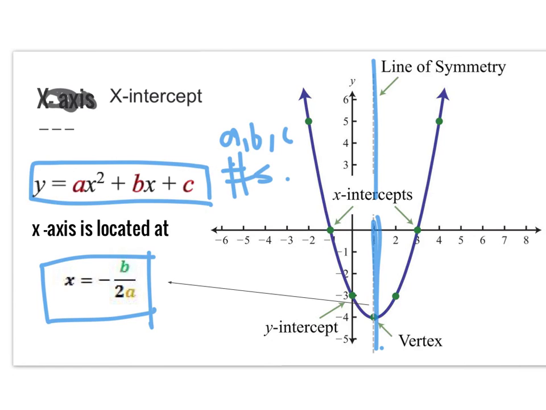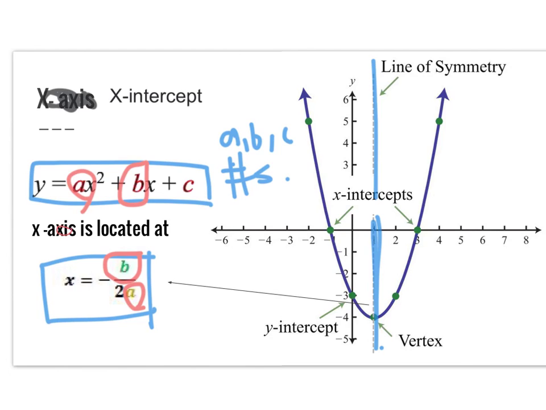The b value is from the equation over here, and the a value is over here. I'm going to give a very quick example after this slide. But just notice that we could find the line of symmetry using this equation, x equals negative b over 2a.